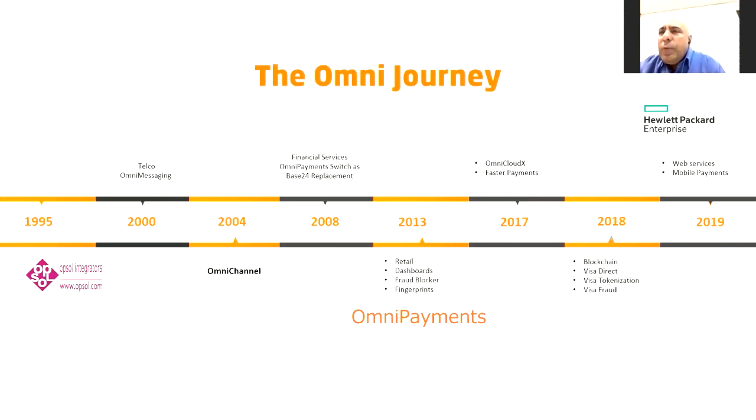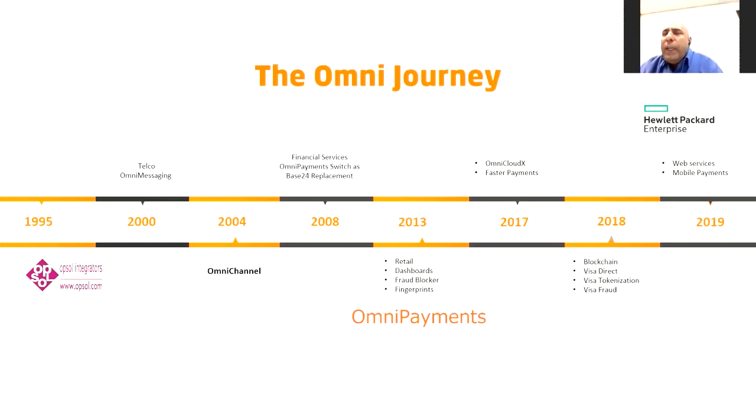Then in 2004 and 2008, we started building the omni-channel product. The omni-channel product was to provide a common interface across all different touch points. So you could have the same interface at your ATM, same interface at your POS, and from your mobile banking.